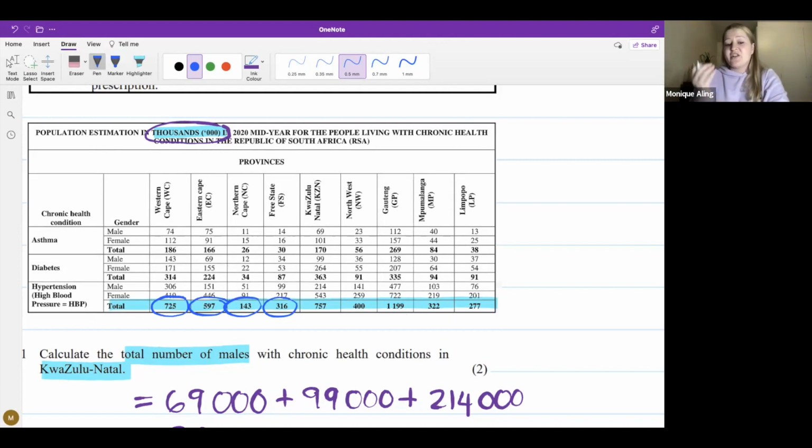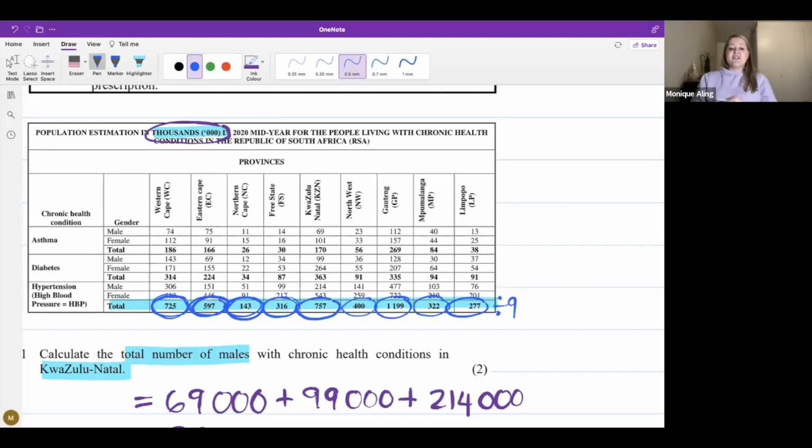So remember, with average, we take all our numbers, add them up, and then divide by how many numbers there are. So all I did was I took the 725 plus the 597 plus the 143, 316, 757, 400, 1199, the 322, 277, and I divided by 9 because there are 9 numbers.